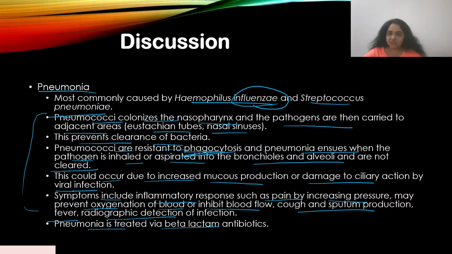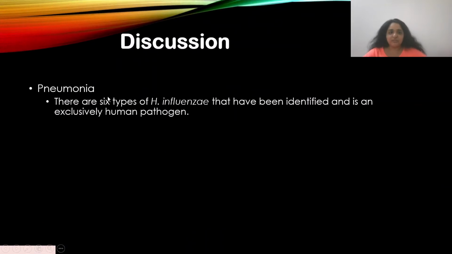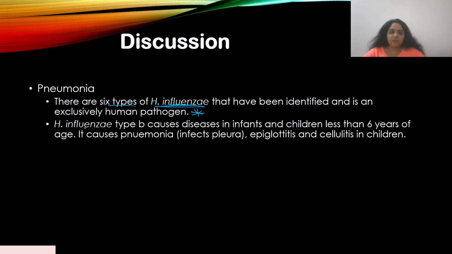We'll also discuss Haemophilus influenzae and what happens. That is mostly similar to Streptococcus. Now, when we talk about Haemophilus influenzae, there are 6 types that have been identified, and they're exclusively human pathogens. That's an interesting point to remember. H. influenzae type B causes disease in infants and children less than 6 years of age.